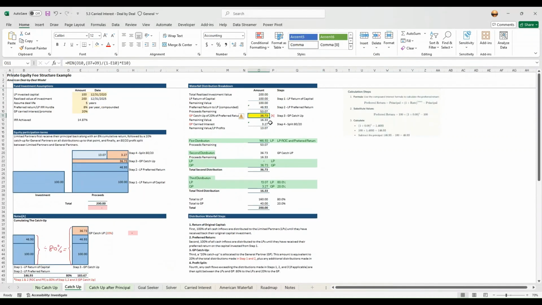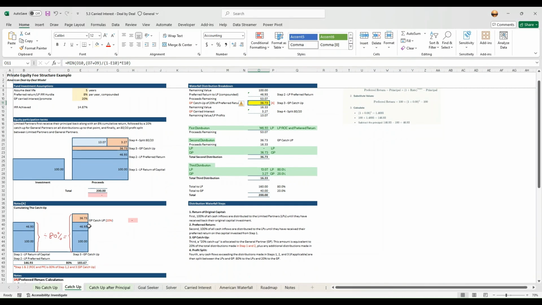The GP is entitled to 20% of the total profit, but after steps 1 and 2, they haven't received anything yet. The catch-up allows them to receive distributions until they have reached their 20% share of the total distributions made so far. So this little chart shows the total distribution, including return of capital, preferred return, and GP catch-up.